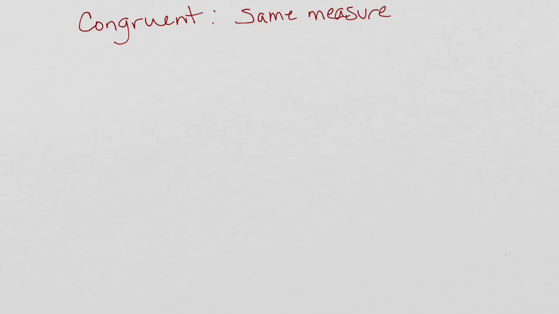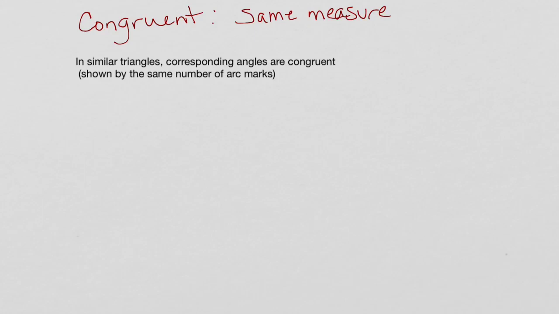So if two angles are congruent, that means that they have the same measure. If two line segments are congruent, that means they also have the same length. It's just the geometry term for same measure. Okay? So I'm going to write down what I said before: in similar triangles, corresponding angles are congruent, and that's shown by the same number of arc marks.